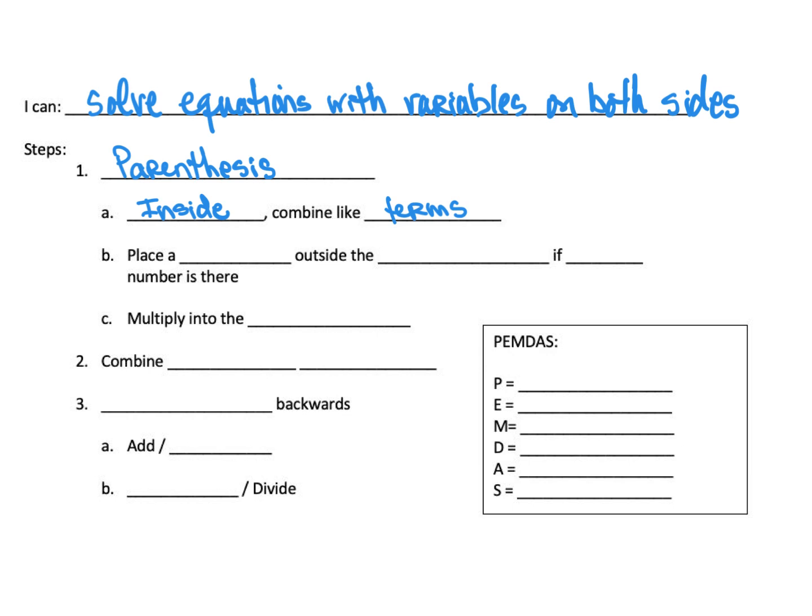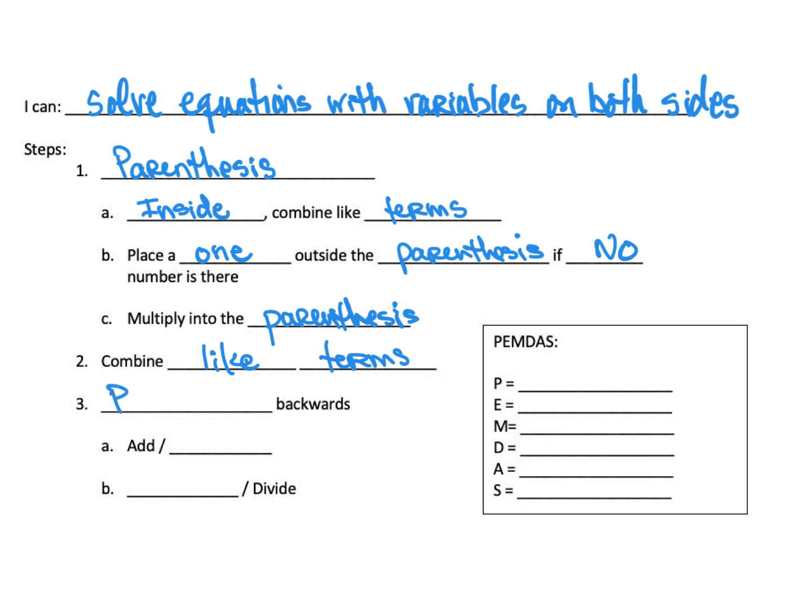And then we want to place a 1 outside the parentheses if no number is there. And then if there is a number there or the 1 is there, we want to multiply into the parentheses. So the distributive property. Then from here, we want to combine like terms.